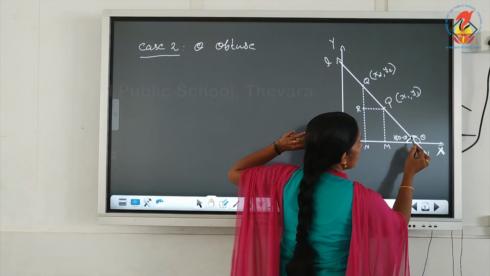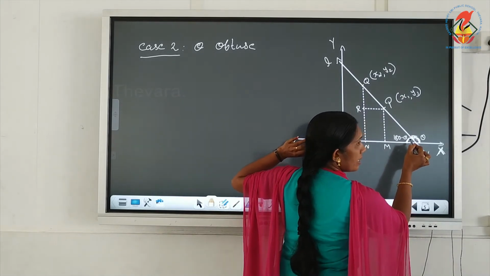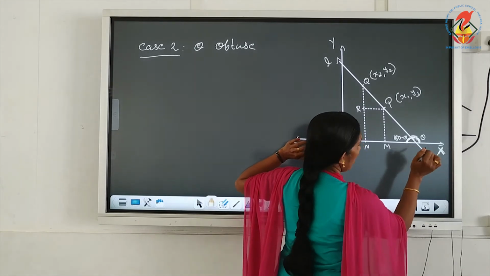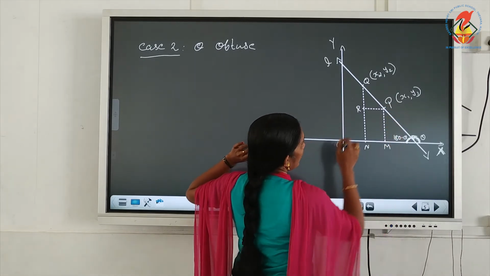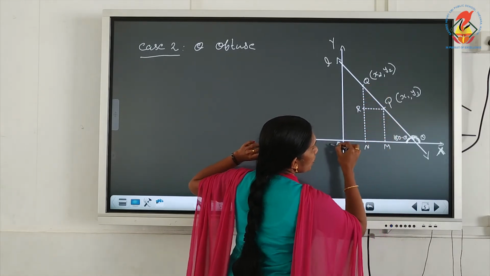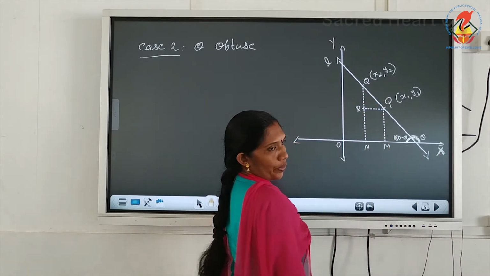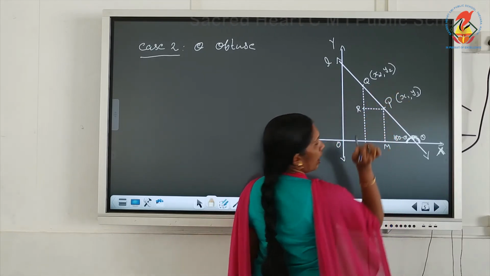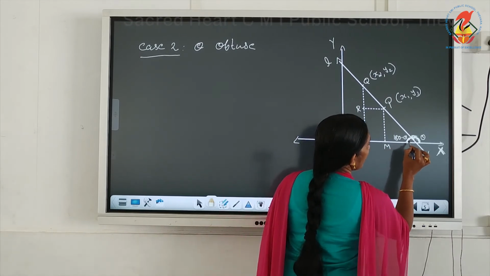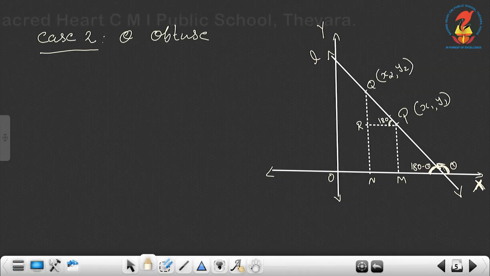Then here this side is 180 minus theta as a linear pair. Now from P, draw one perpendicular PM to x-axis, from Q, QN perpendicular to x-axis, then PR is perpendicular to QN. So we get a right angle triangle PQR. Now here the angle is 180 minus theta. What is the reason? The corresponding angles are equal.